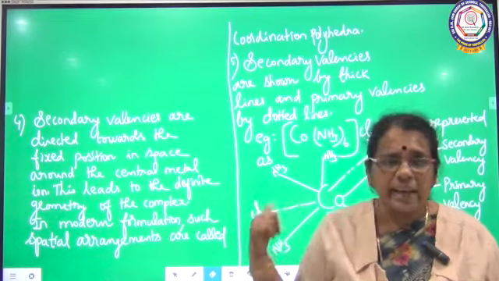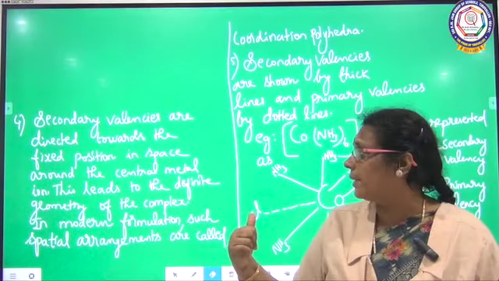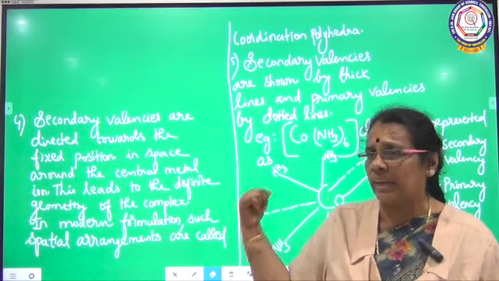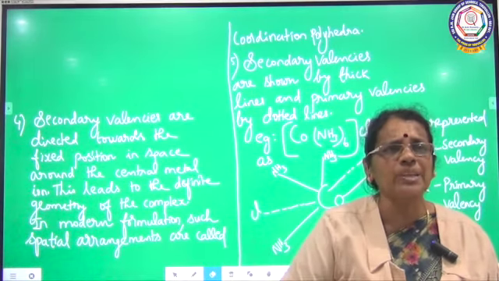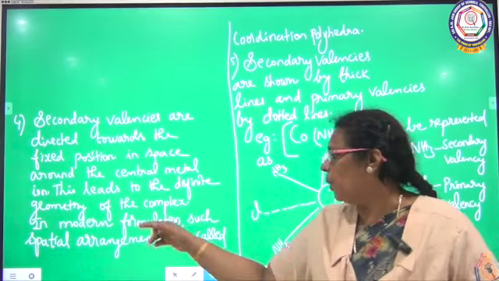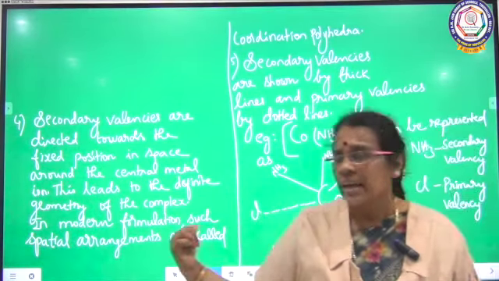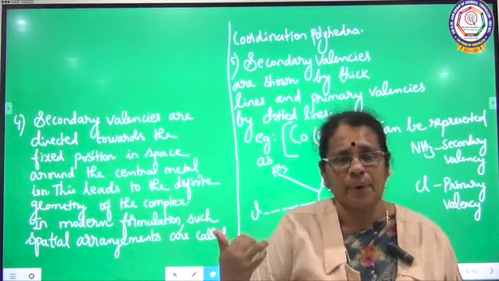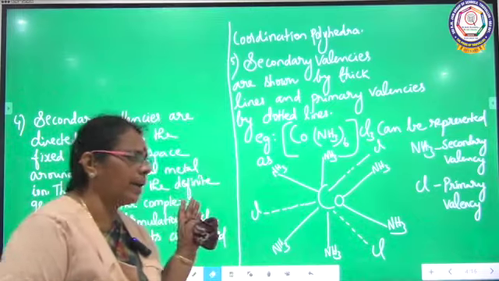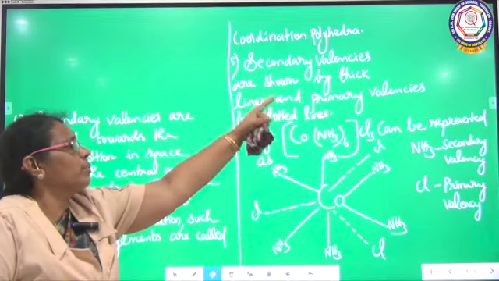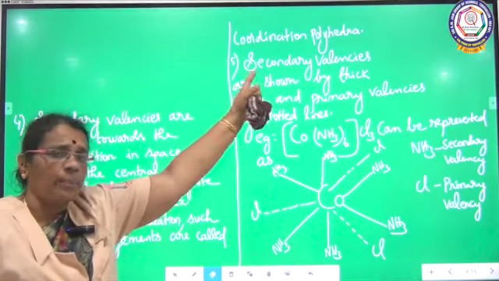As the secondary valencies are directed towards fixed positions in space around the central metal ion, the complex will have a definite geometry or definite shape. In modern formulations, such spatial arrangements are called coordination polyhedra.